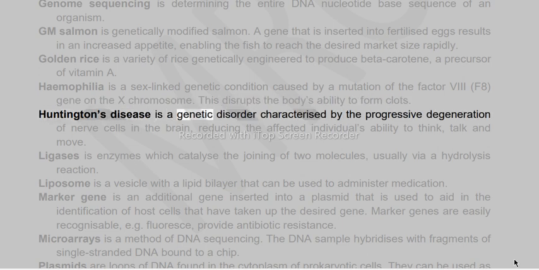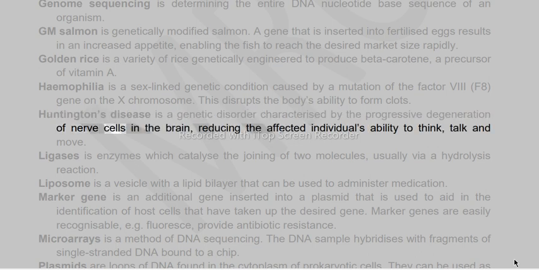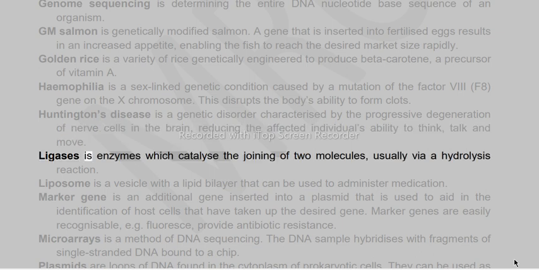Huntington's disease is a genetic disorder characterized by the progressive degeneration of nerve cells in the brain, reducing the affected individual's ability to think, talk and move. Ligases are enzymes which catalyze the joining of two molecules, usually via a hydrolysis reaction.